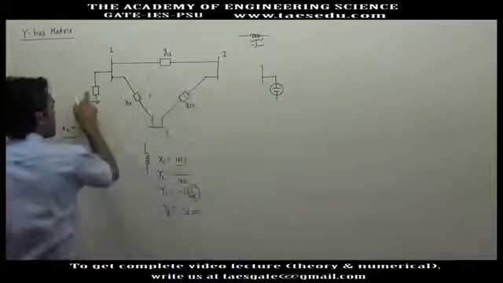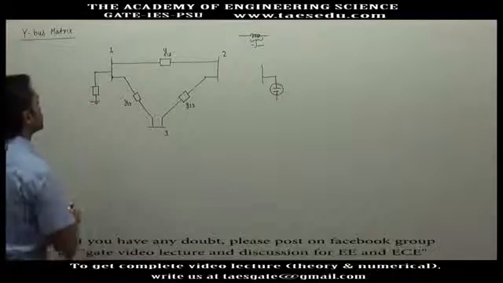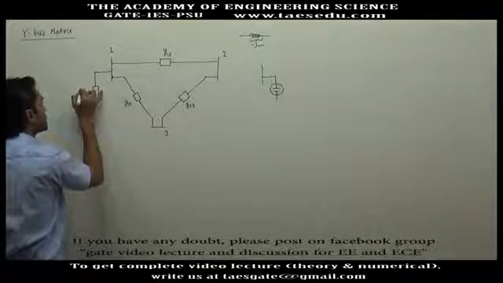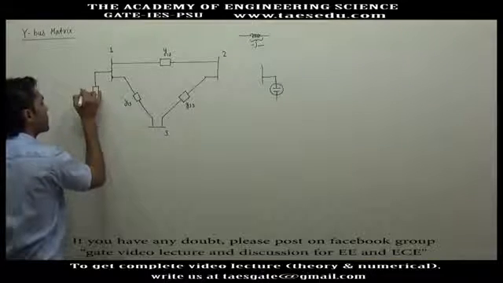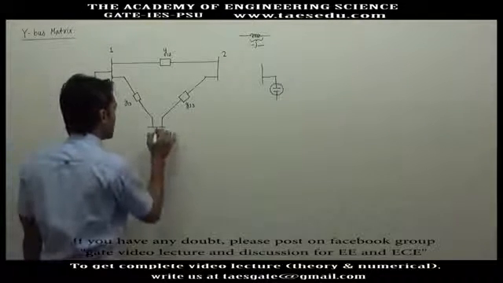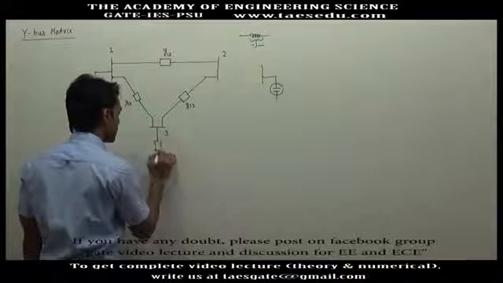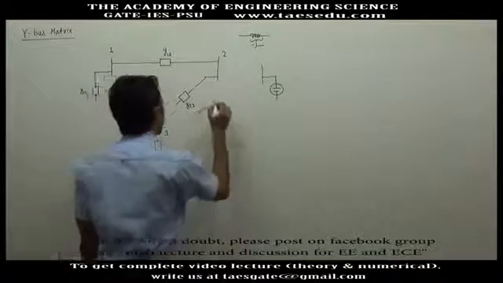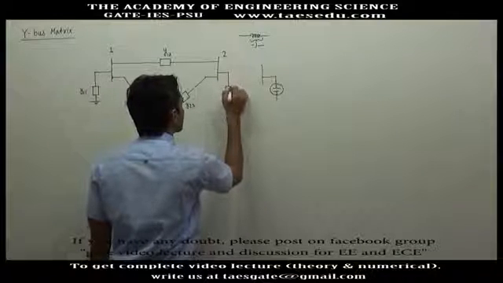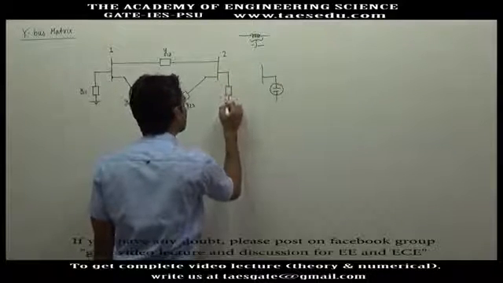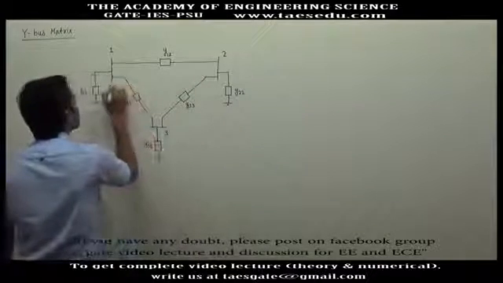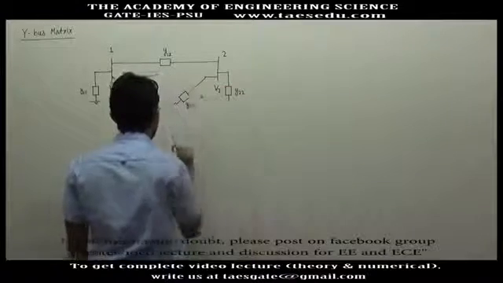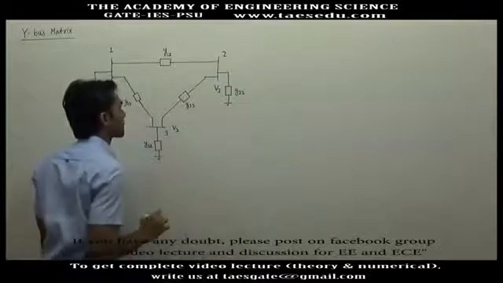Let's say this is the shunt element of bus 1 and its admittance is y11, this is y33. The voltages are: bus 1 voltage V1, bus 2 voltage V2, and bus 3 voltage V3.